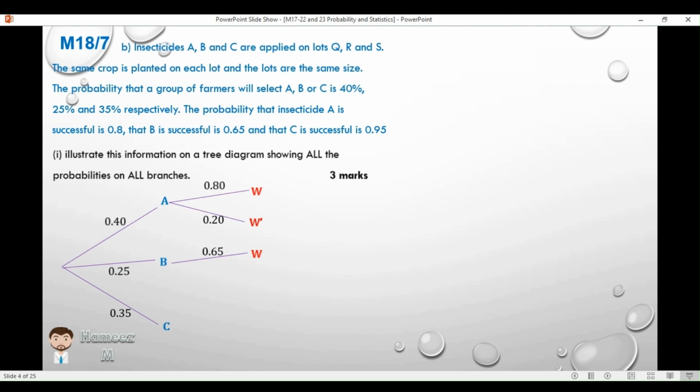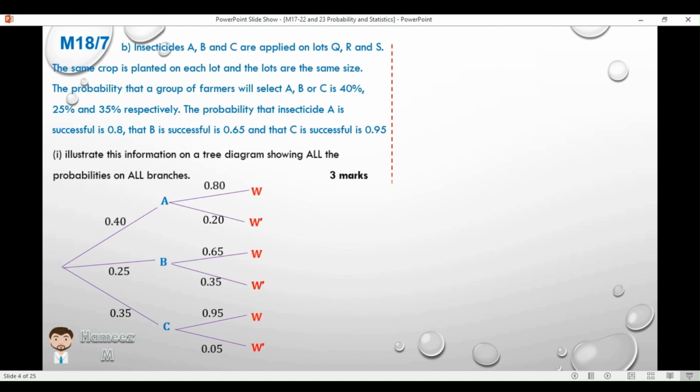And of course, if it's possible that it will be successful, then similarly, it can be possible that it's not successful. And what would that be? That would make up 100%, so that will be 35%. And for C, the success rate is 95%. So the probability that it will not be successful is 5% or 0.05.